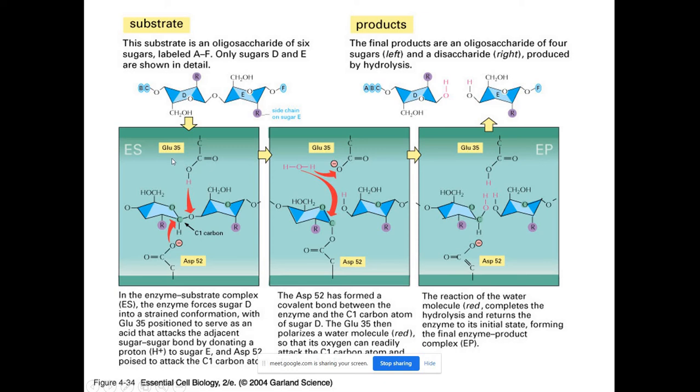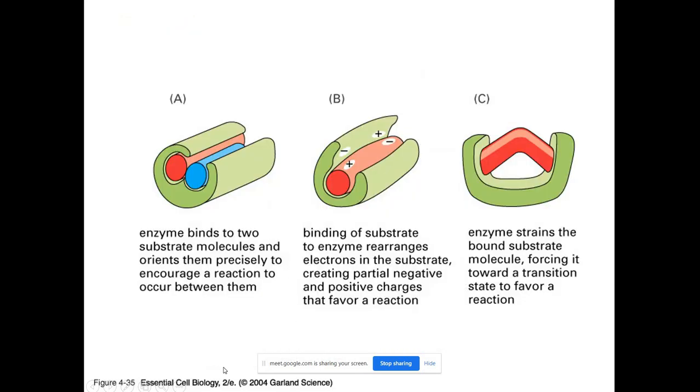In the first step, glutamic acid 35 serves as an acid that attacks the adjacent sugar bond by donating protons. So it plays the role of a proton donor to the sugar, and aspartic acid 52 is poised to attack the C1 carbon.